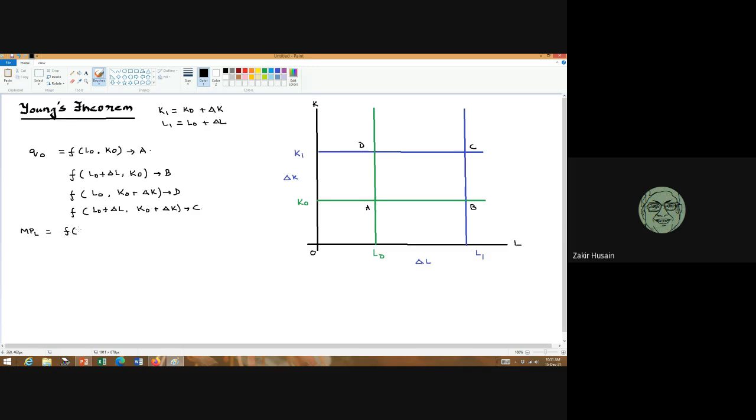Marginal product is simply L0 plus del L. Sorry, there should be a K0 over here.